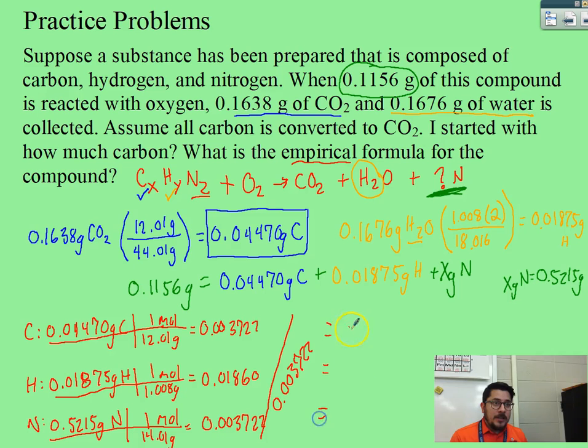I will get, for the top, a 1. For this one, I'll get 5. For this one, I'll get 1. And so we have found our answer. For the empirical formula, it is going to be 1 carbon, 5 hydrogens, and 1 nitrogen. And that would give you the full points for this problem.